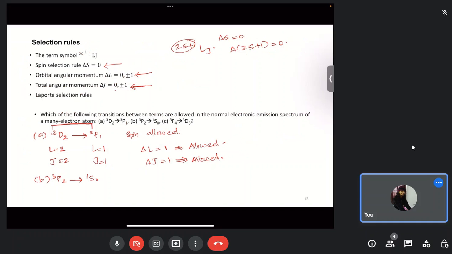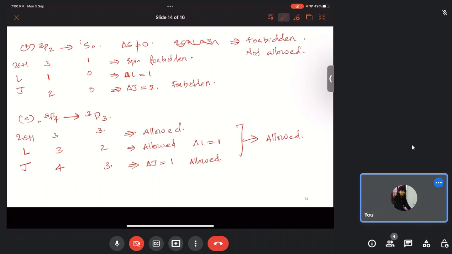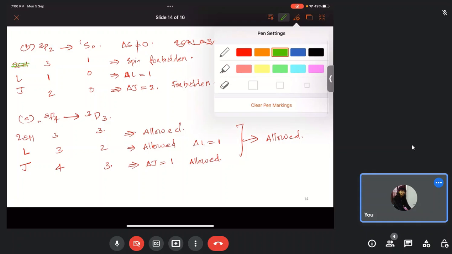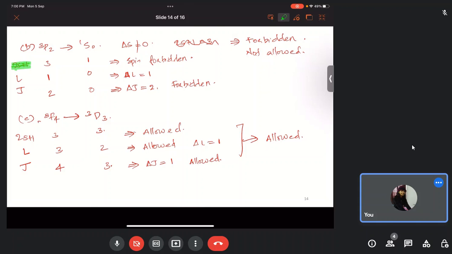So if you are given a particular transition, we have to find what is 2S plus 1, what is the L, what is the J. The 2S plus 1 should not change between the two states that the transition is happening, and the L values should change either by 1 unit, or it should not have any difference.